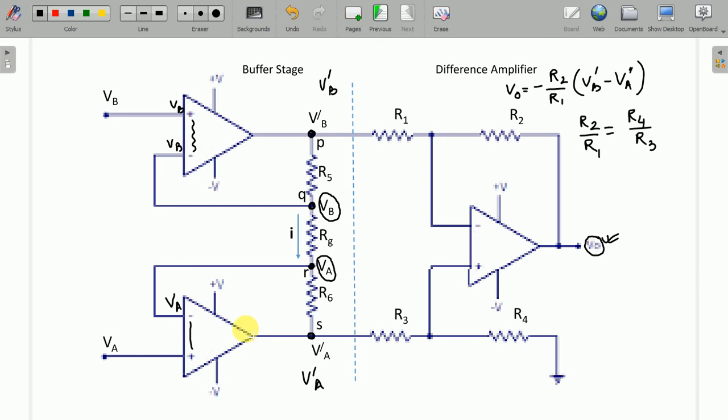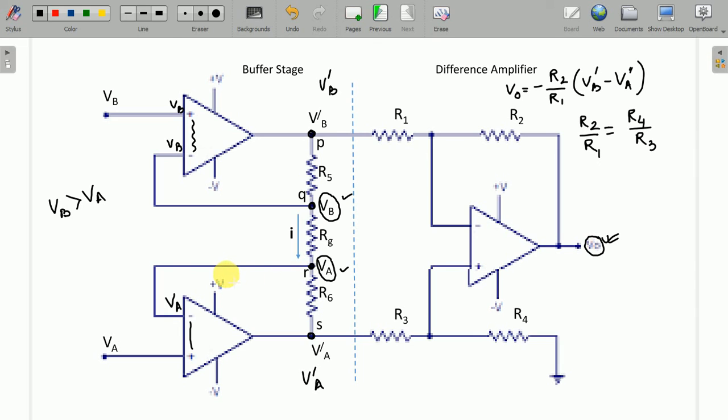We know these things. We have already seen them in case of operational amplifier. So this point is VA, and this point is VB. Now, if I assume for the time being that VB is greater than VA, definitely there will be a current flowing through this resistor from here to here.